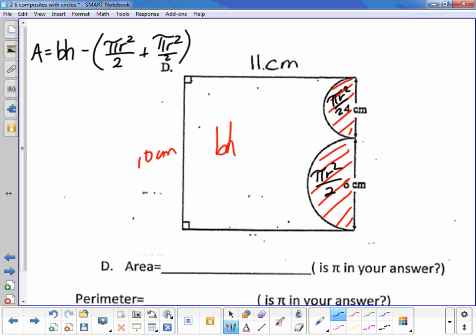Okay, now the base of my rectangle is 11 and the height is 10. The radius of the top circle was 2 and the radius of the bottom circle is 3.